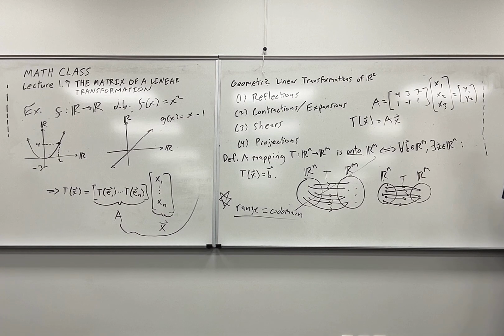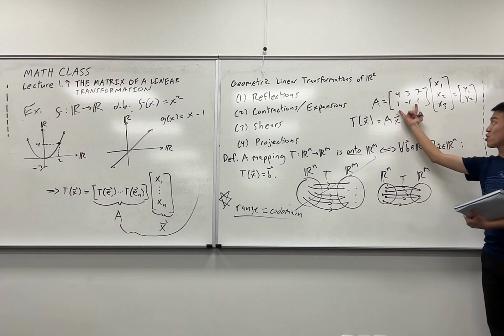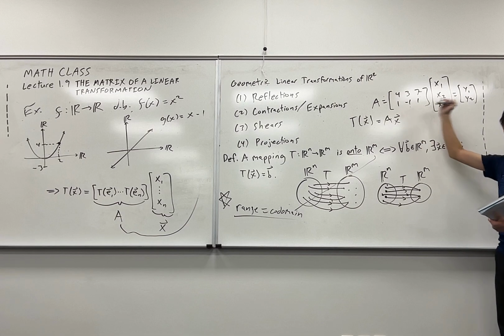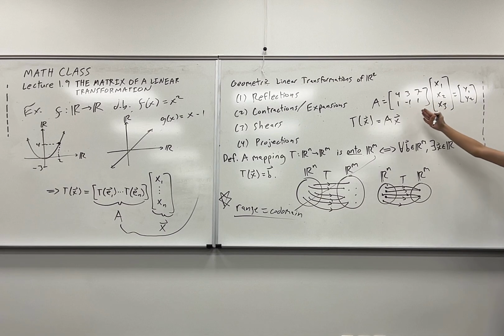Let me make sure I don't say something wrong here because I think I wrote it down. Yes. If these columns end up spanning your space, then you're going to be onto, because to span means that every single linear combination is accommodated for with whatever you choose here.